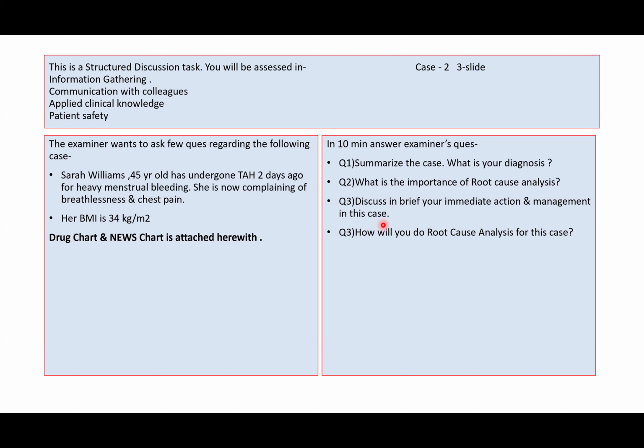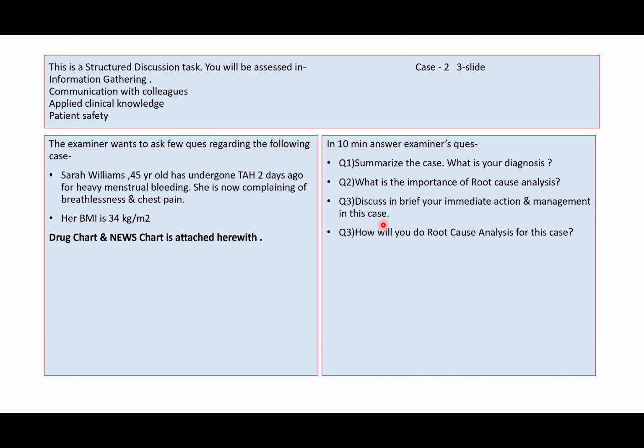Combined oral pills will be stopped, and hydration will be checked for her. She should be completely hydrated, and I will also involve the MDT for her, especially the consultant, the hematologist, the physicians, and the pharmacist.